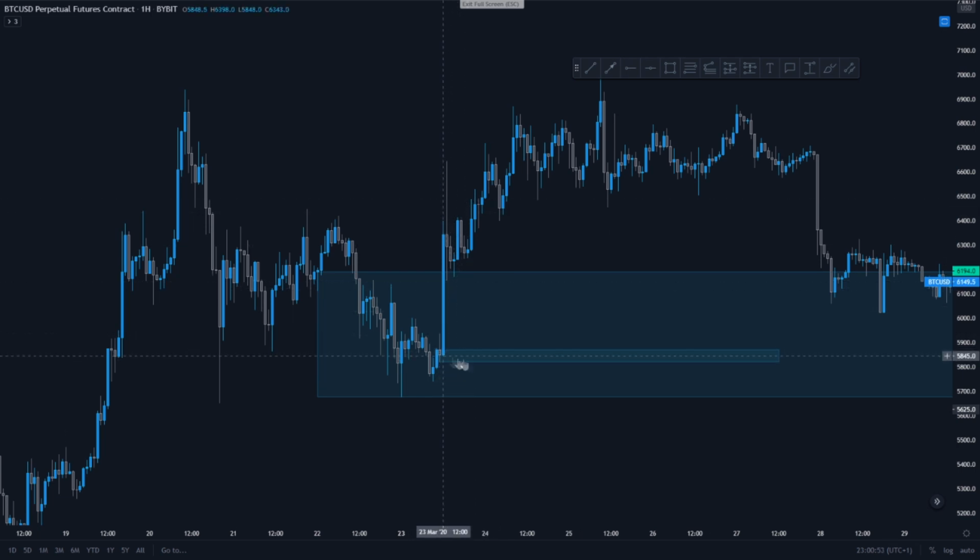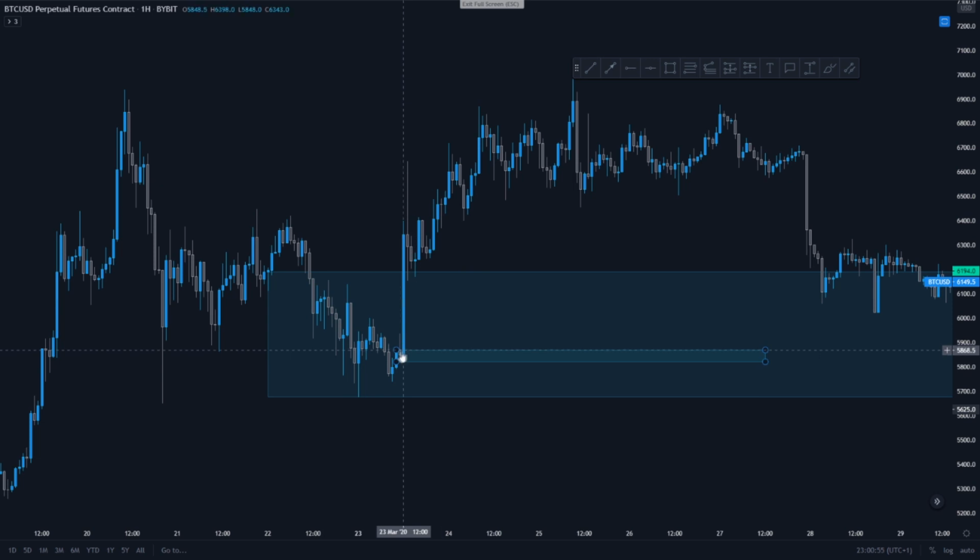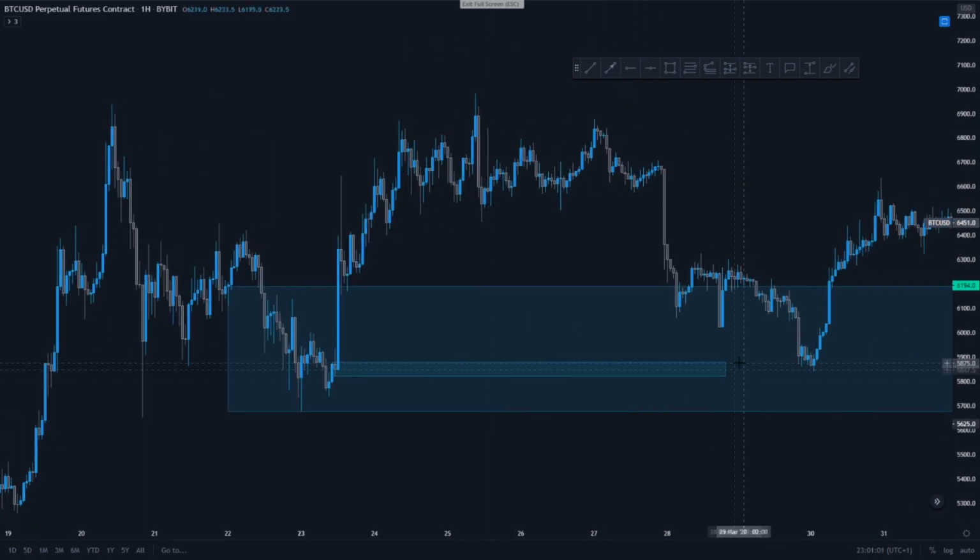So we mark this here as a strong zone. Let me put this across a bit.